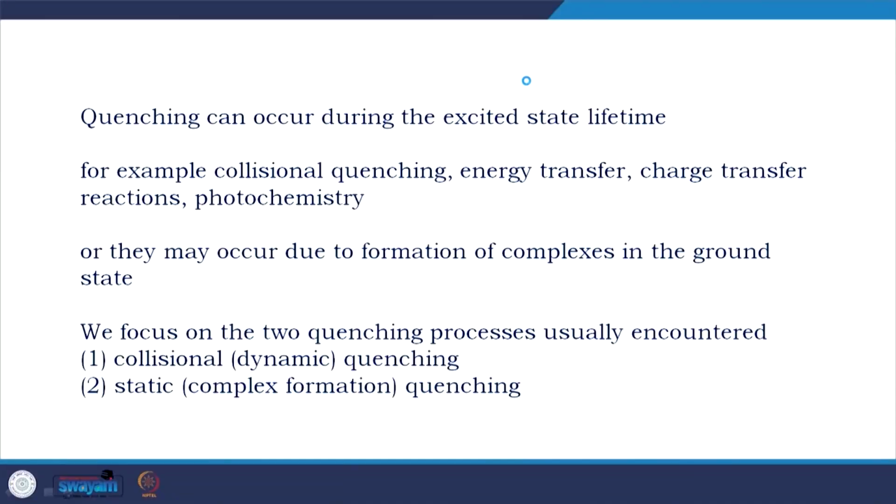We will focus on two type of quenching. One is collisional or dynamic quenching, another one is static quenching. So, in collisional they keep interacting, in static they form complexes.